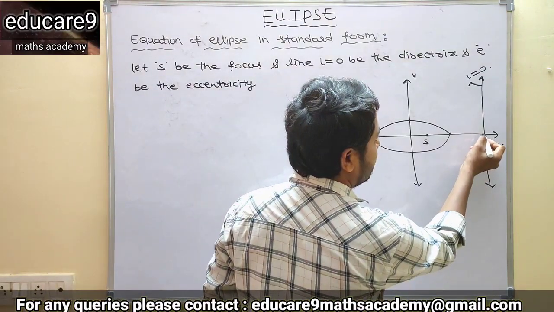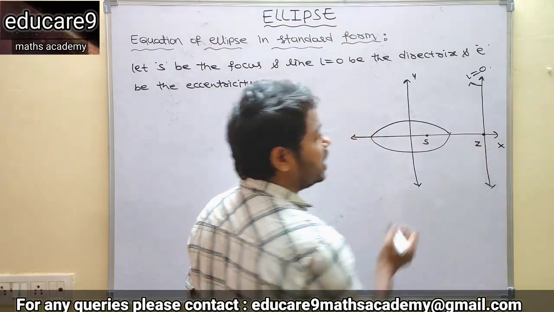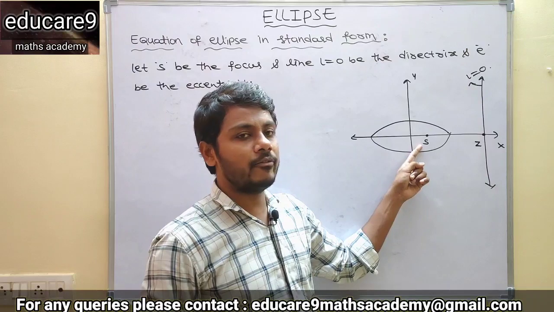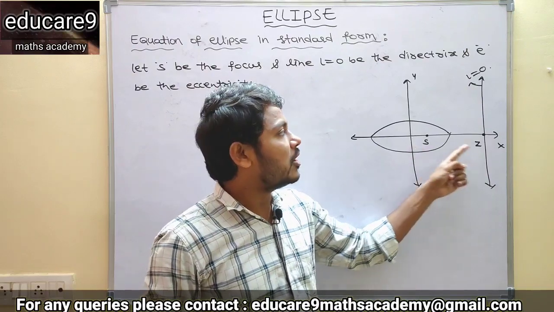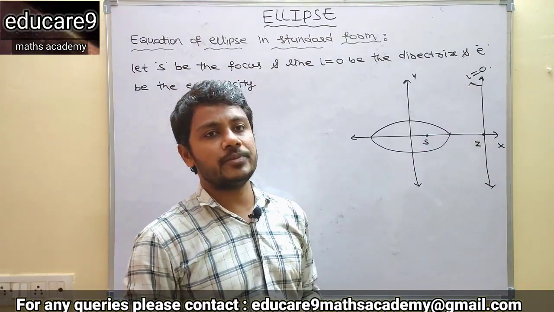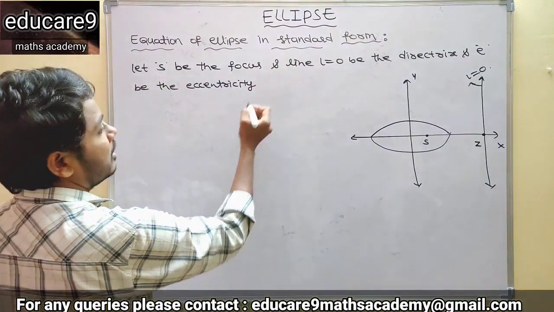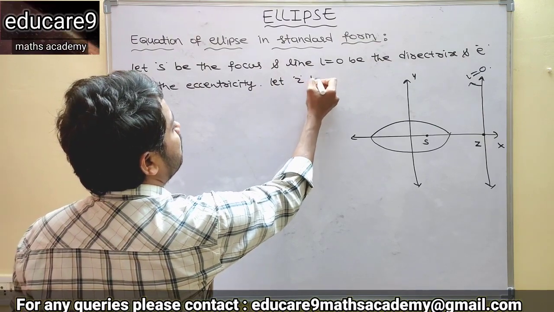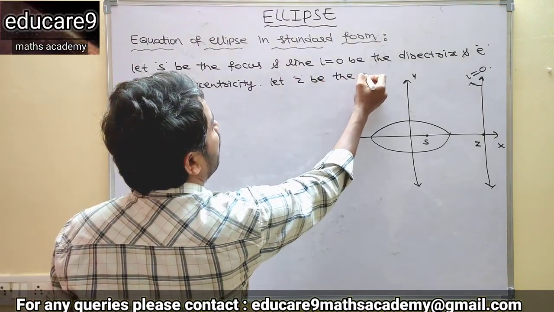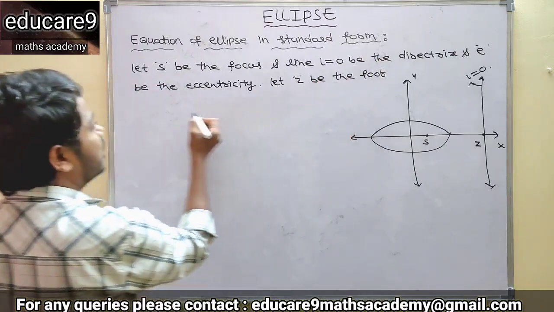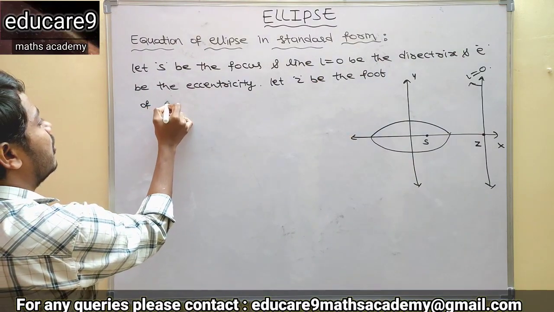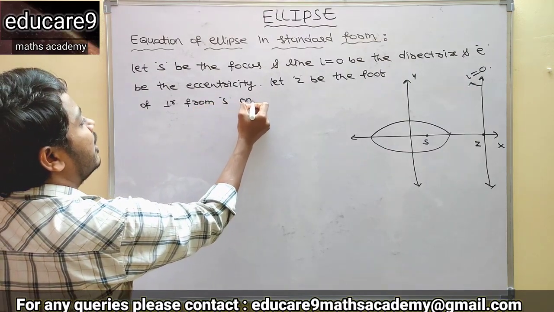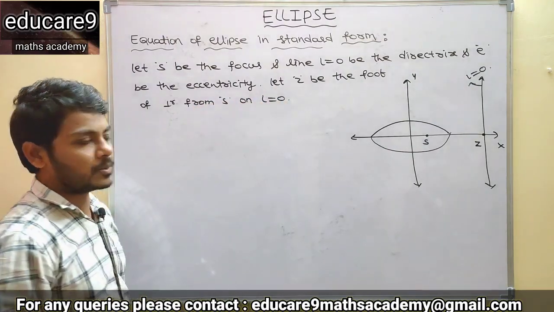Here the point Z is the foot of the perpendicular from the focus S on the line L equals 0. So write in words: let Z be the foot of the perpendicular from S on L equals 0.